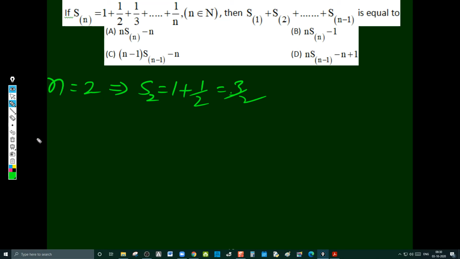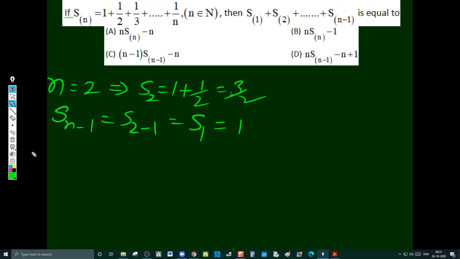You must be cautious here. Sn minus 1 is equal to S2 minus 1, which is S1, and S1 is 1 only.